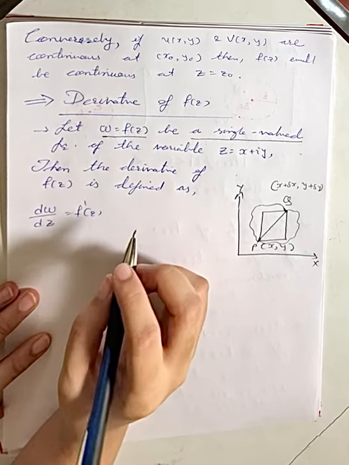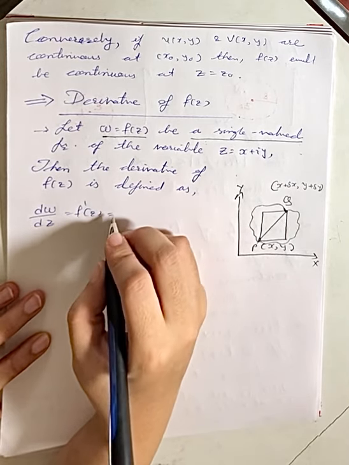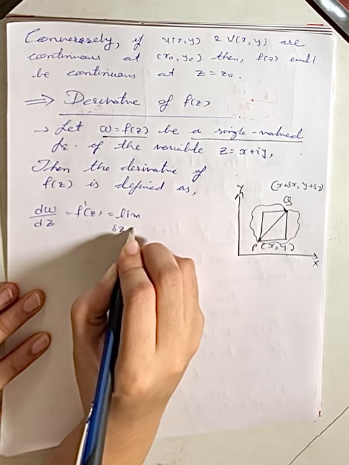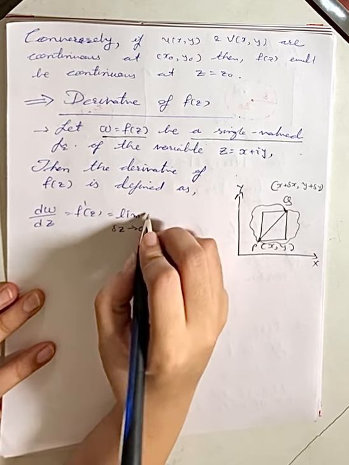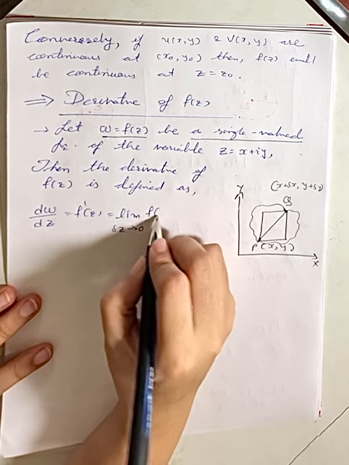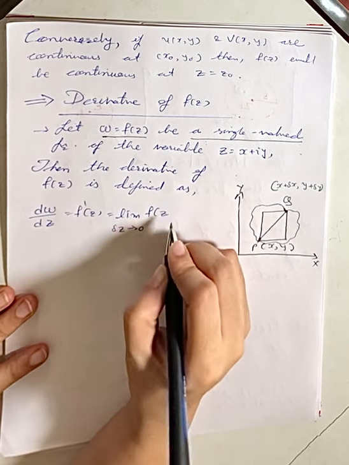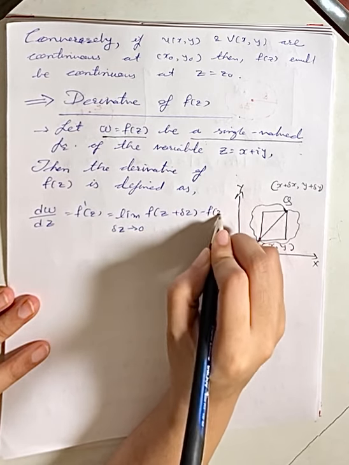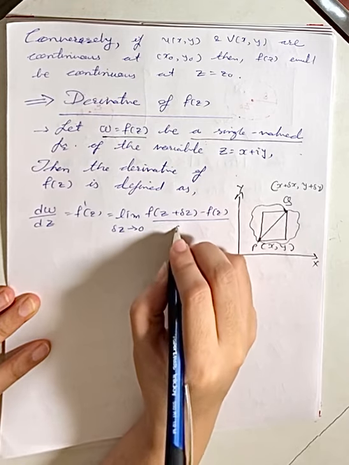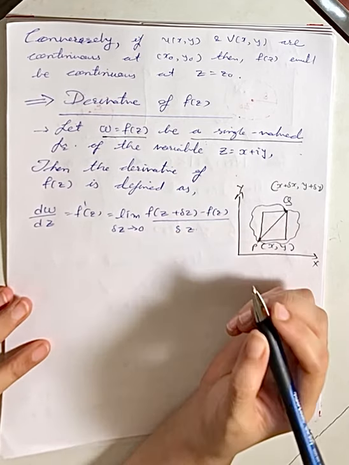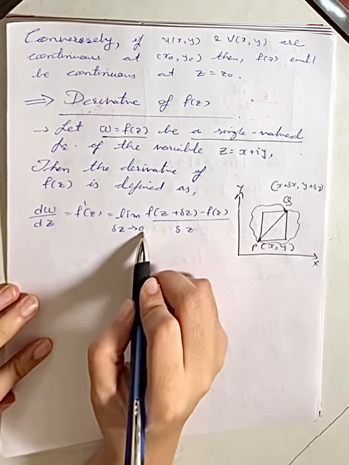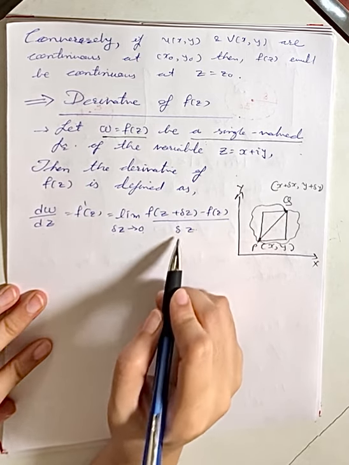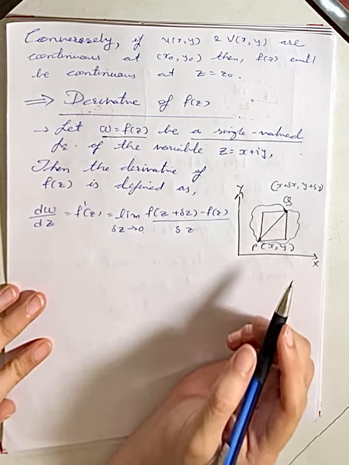This is how we define the derivative in a symbolic way, and we put the limit delta z tends to 0. This is very similar to the basic definition of the limit: as delta z tends to 0, f of z plus delta z minus f of z, divided by the difference, delta z.